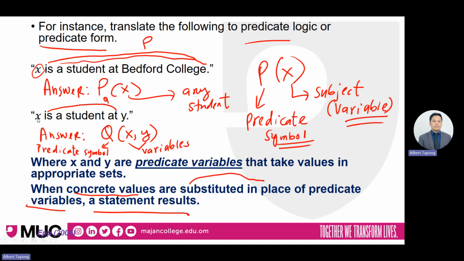Here, the same, change X to any student and change Y to any college is going to be a statement. Okay, so that's it. When we have predicate forms, our nouns become variables that can take any values.